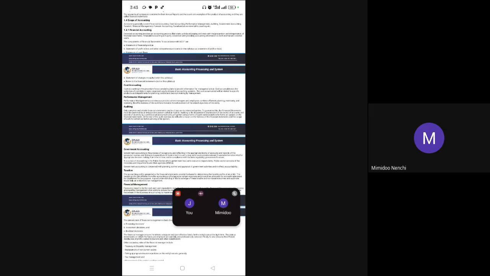So let's look at performance management. That's one of the scopes of accounting. As an accountant, you can work in any organization because accountants are needed in all organizations.